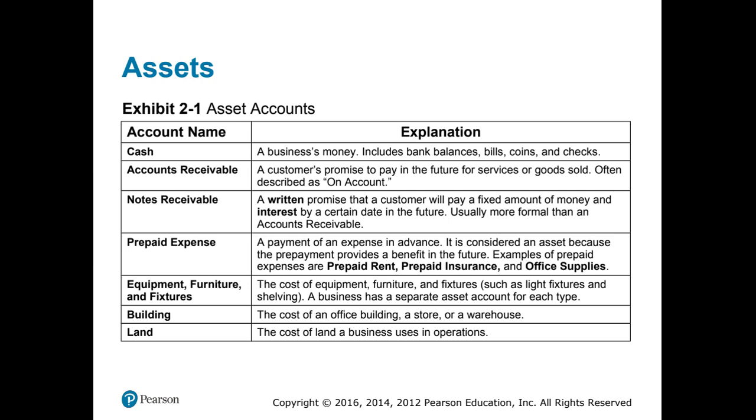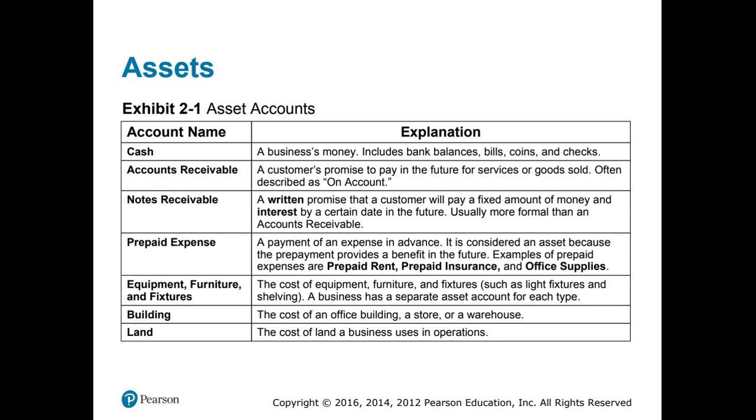Well, if we pay our rent on the 25th of January and it's due on the 1st of February, then from January 25th to January 31st, that rent payment is prepaid rent. We paid it, but it was not yet due. It's not due until the 1st.